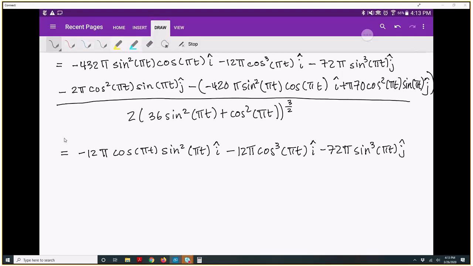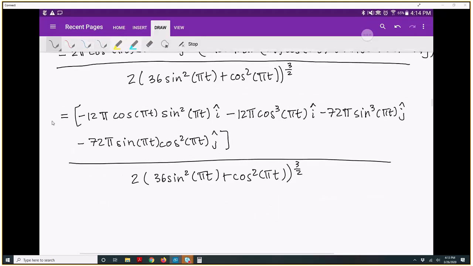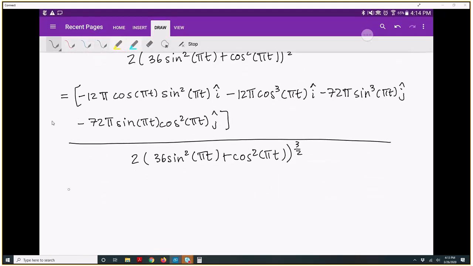And then here this 70 and this 2 are like terms, so that's going to be minus 72 pi sine of pi t times cosine squared of pi t j cap. And everything's still divided by 2 times 36 sine squared of pi t plus cosine squared of pi t, everything to the power 3 over 2. Okay, I think we're getting close to something that doesn't look so bad.